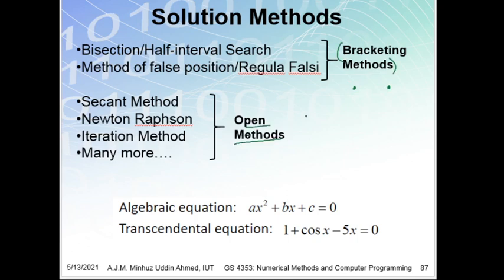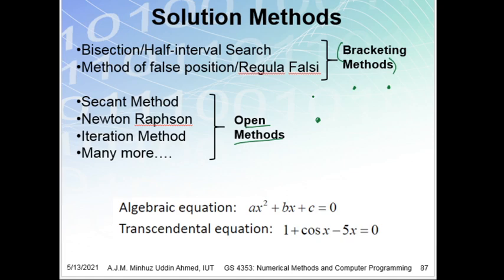Whereas in open methods we need only one point to start with, and then we keep moving closer to the actual root. So in bracketing methods we need at least two points, and for open methods we can use one point.